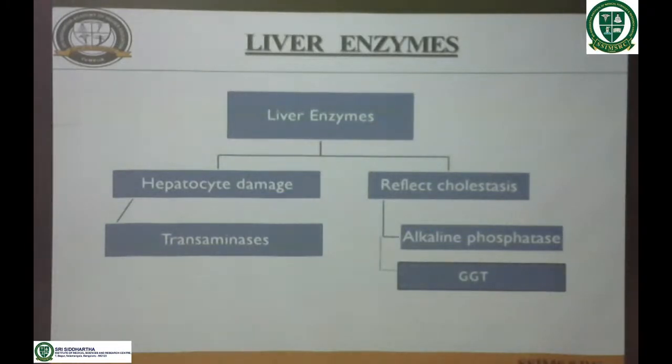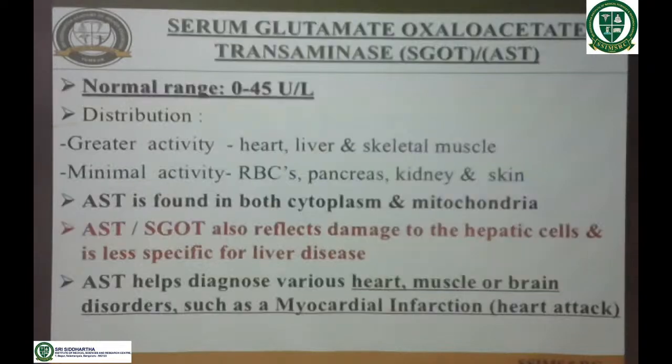These are the major enzymes which come under the liver enzymes. Now the features of the individual enzymes, first serum glutamate oxaloacetate transaminase, that is SGOT. The normal reference range of this enzyme is 0 to 45 units per liter.